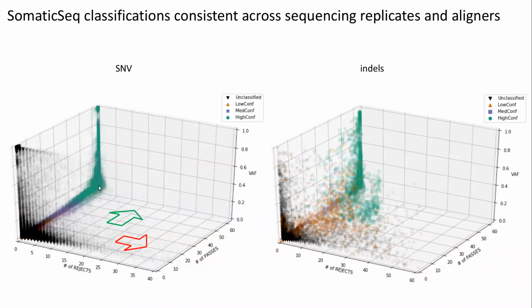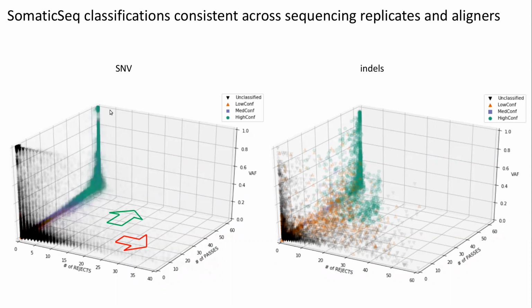All of them are either in one corner or the other. This corner means all of them are labeled pass, and very few of them are labeled reject. And the black ones are the unclassified variants. That's likely false positives, and you see a high number of rejects but not many passes.